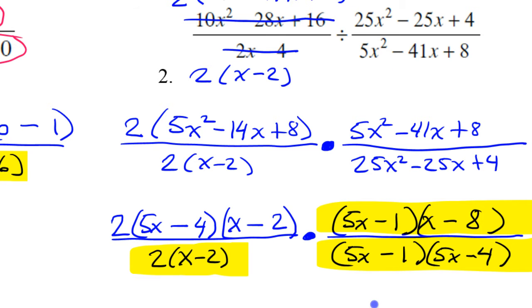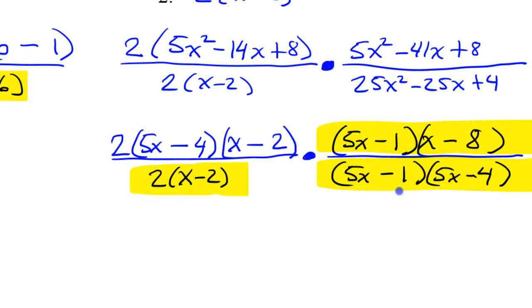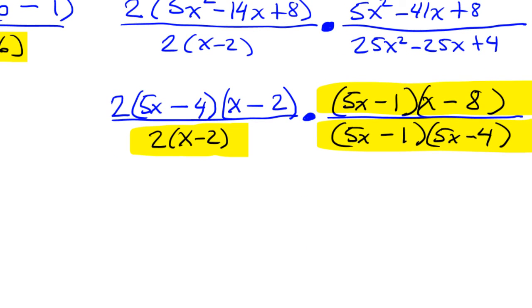All right, so neither the numerator nor the denominator of the second fraction is allowed to equal 0. So none of these factors I just highlighted in yellow are allowed to equal 0.